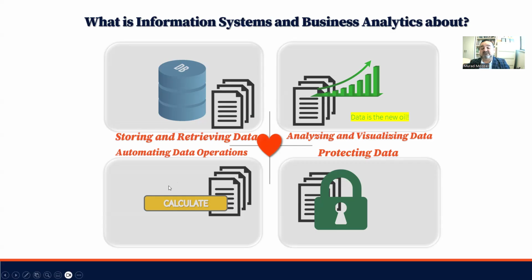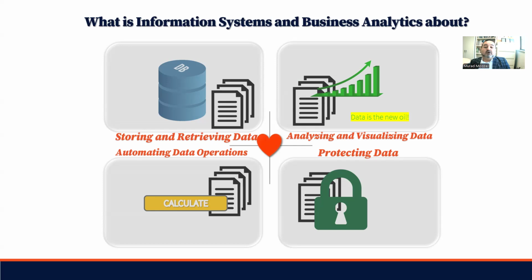As an information systems department or functional unit within the organization, we automate data operations using programming languages like Python, Java, R, just to name a few. And last but not least, we provide organizations with a core capability by protecting that data, providing the physical and cyber security of the data that has been stored and distributed to all units within the organization.